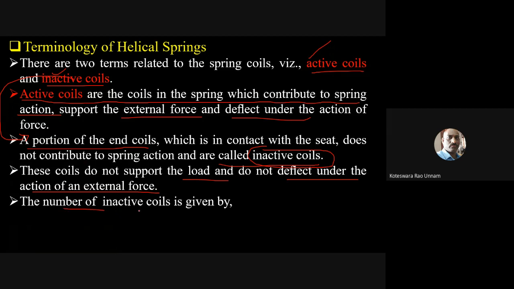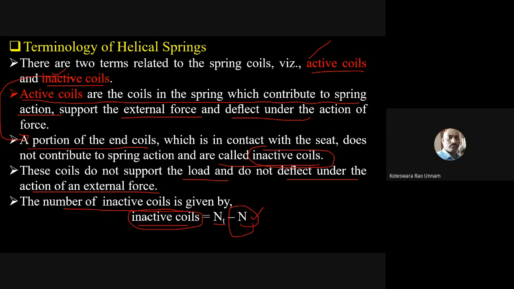The number of inactive coils is nothing but the total number of coils minus the total number of active coils. This N is the total number of active coils. Therefore, total number of coils minus total number of active coils will give you the total number of inactive coils.